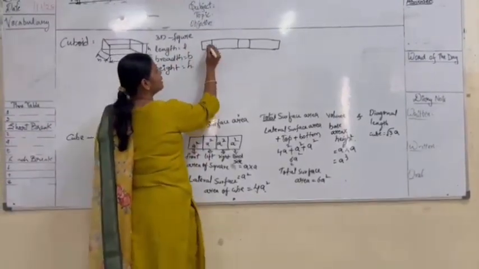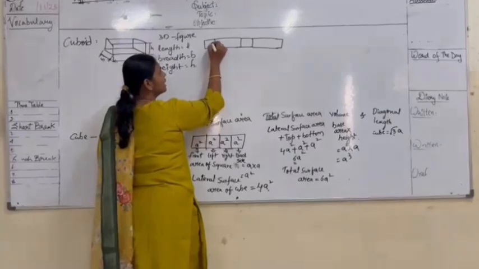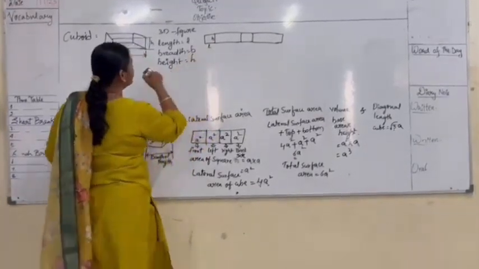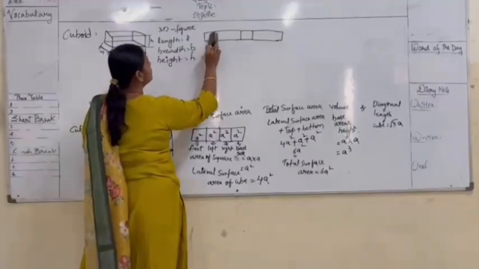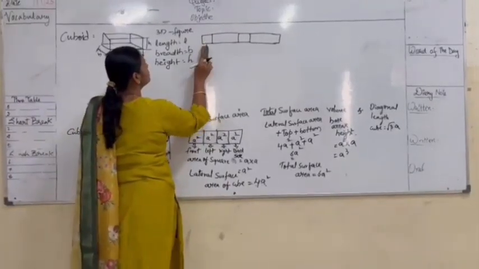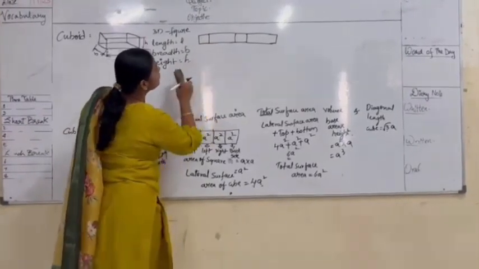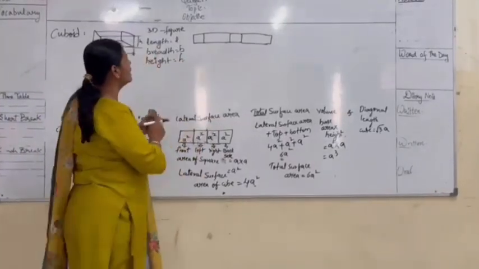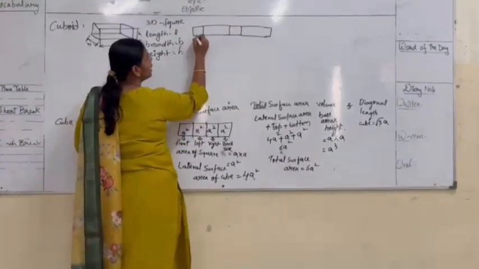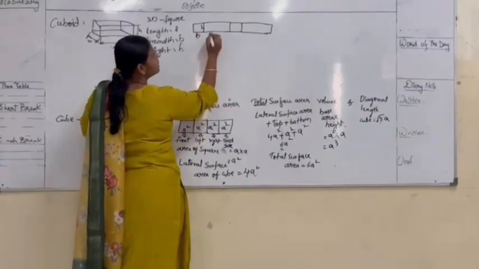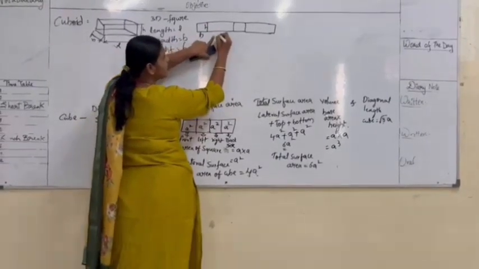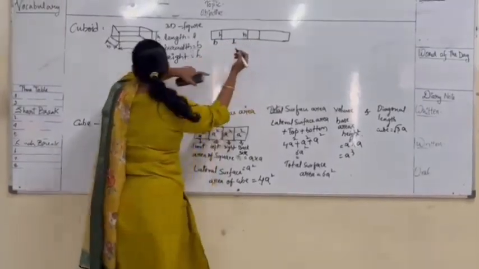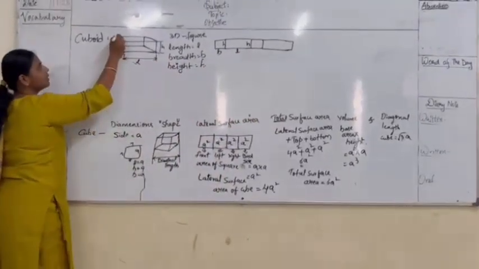Here, area means it will be with length and height. Length and height. While coming to length and breadth, square, rectangle, square and rectangle. It is with height and breadth. While coming to the rectangle, it is with length and height. While coming to the square, here we can see this square.